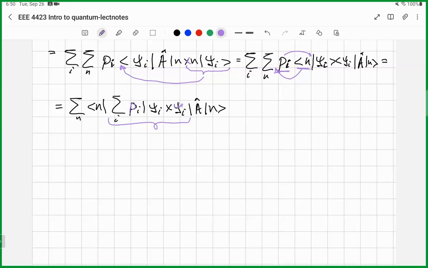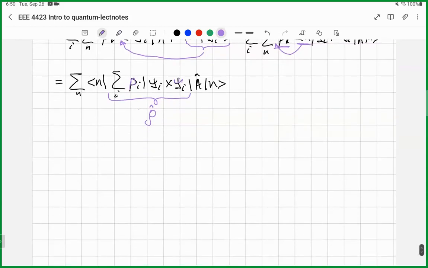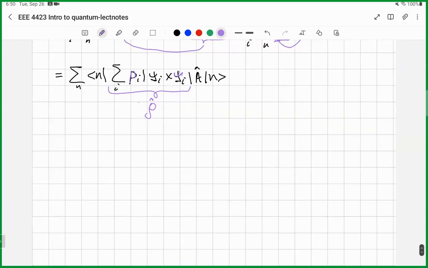And this is the only part that depends on the index i. So it's natural to introduce the operator rho, and this operator rho is the density operator.